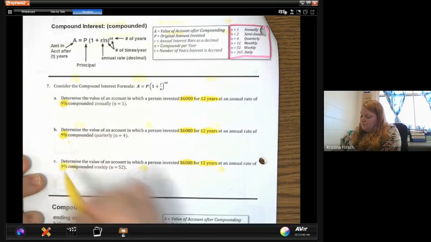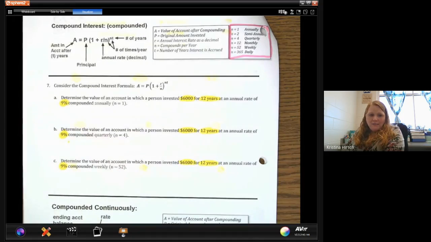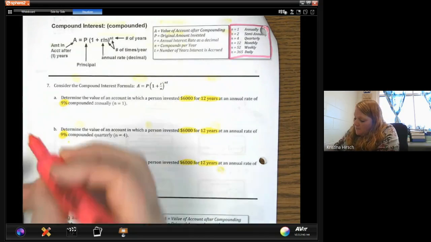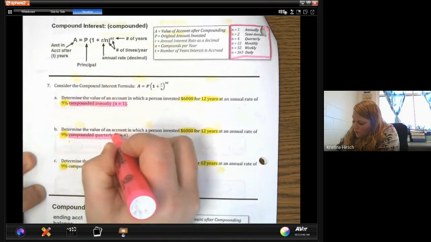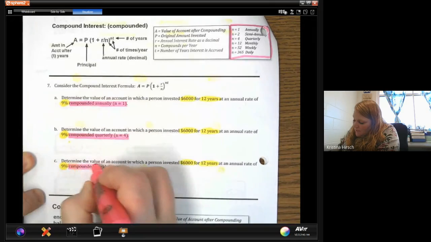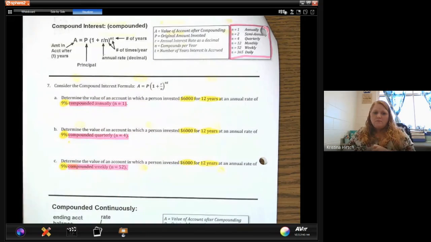All of them, but they're all compounded differently. This first one is compounded annually. The next one is compounded quarterly, and the next one is compounded weekly. So we have 3 different types of compounding.